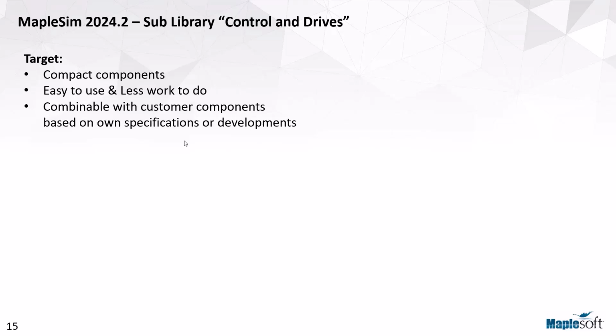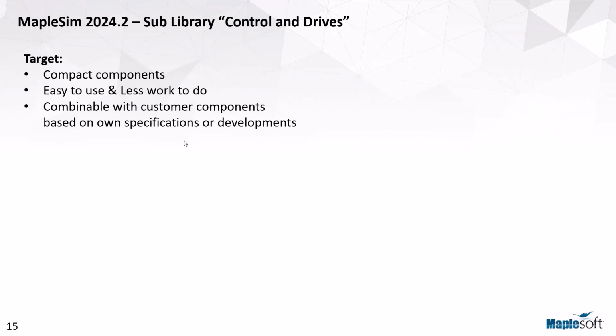So what was the target for the development of these components? At first, it should be very compact components, easy to use. It should be possible to save time doing the modeling, and also these components should be usable together with specific components or customized components which are developed by our customers.